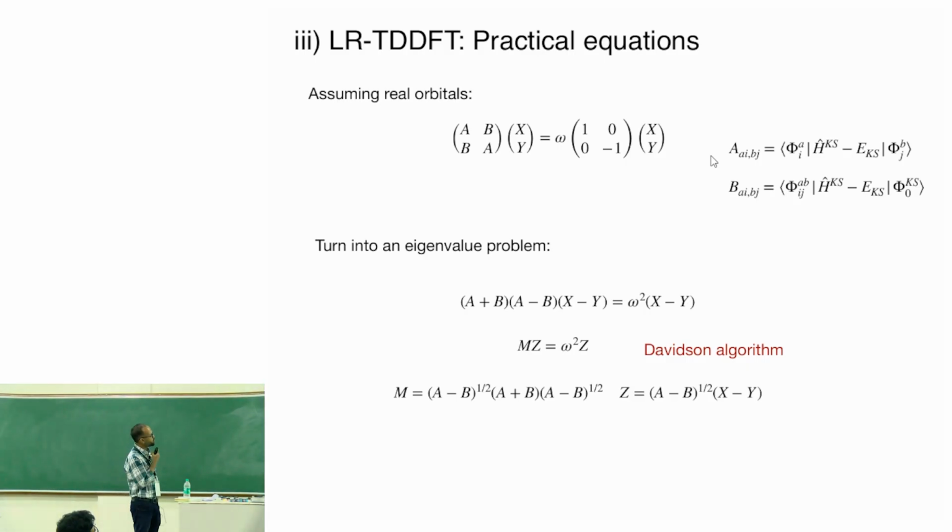So how is B considered de-excitation? The B is the coupling between the Kohn-Sham ground state and the doubly excited determinant.